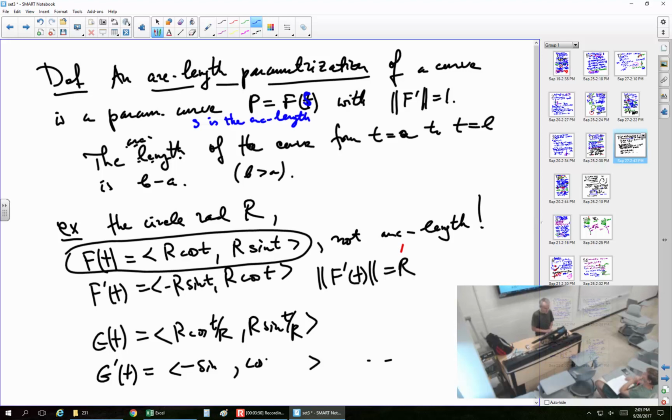How many arc length parameterizations could the curve have? Is it one, many, or infinitely many?